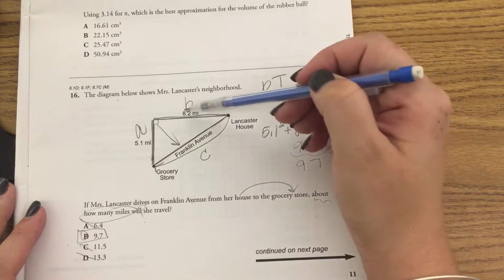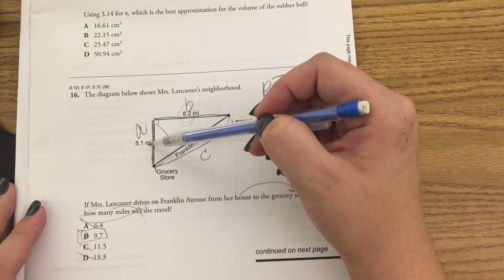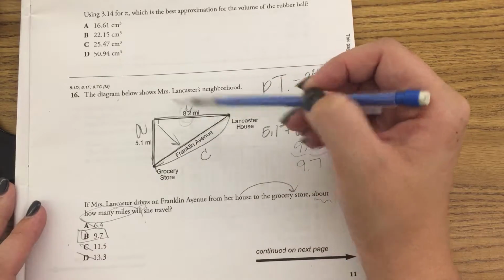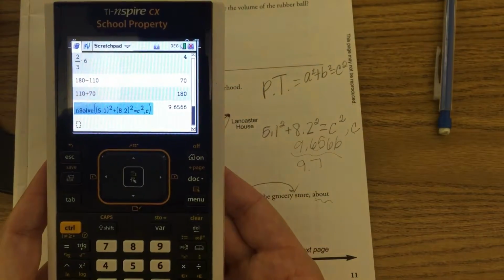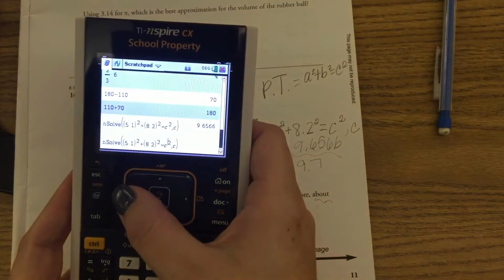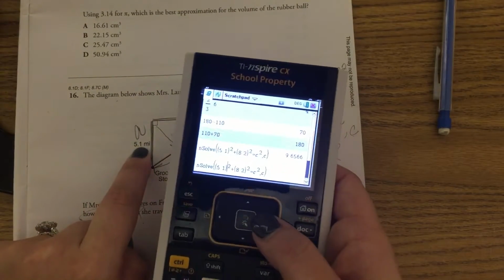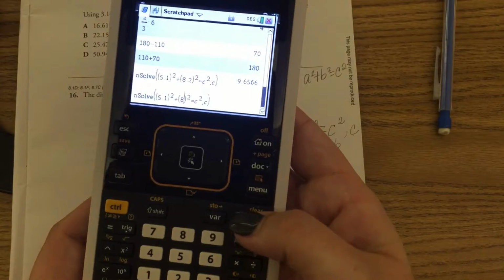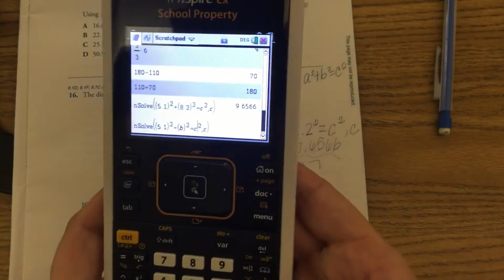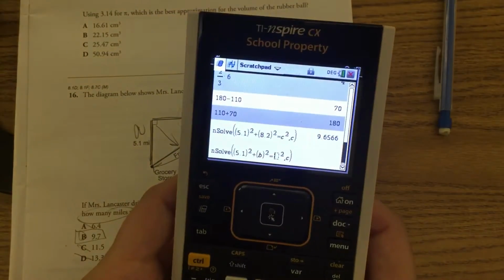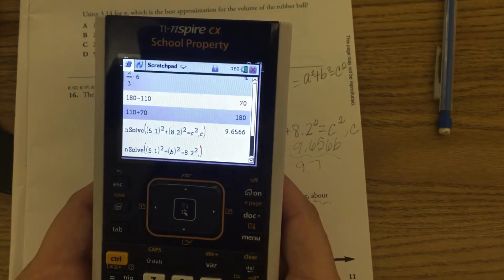However, if you would have assumed that 8.2 is the hypotenuse and this 5.1 is one of your leg values, just because 8.2 is larger than 5.1, you could have gone into InSolve and said that you do know A, you do not know B, and you would have assumed that this 8.2 was your C value, which is here, and you would have asked to solve for B.